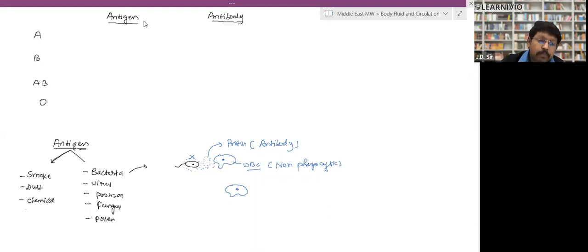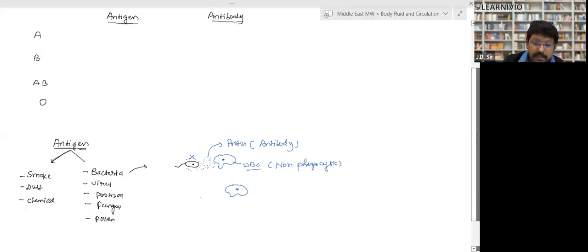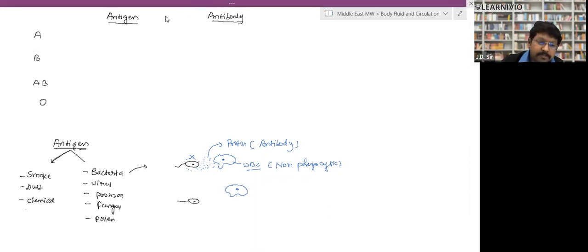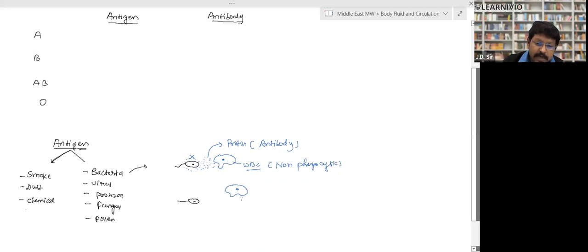What exactly will they do? They will go to the bacteria, attack and eat the bacteria, and they will die themselves. They are the soldiers of our body. They will eat the antigen and die. These kinds of WBC are called phagocytic WBC. So there are two types of WBC, phagocytic and non-phagocytic, right?